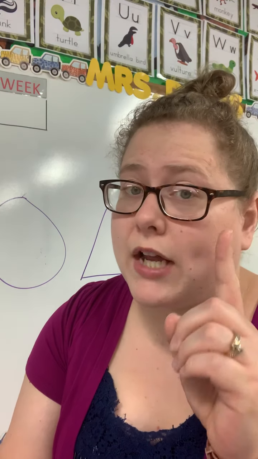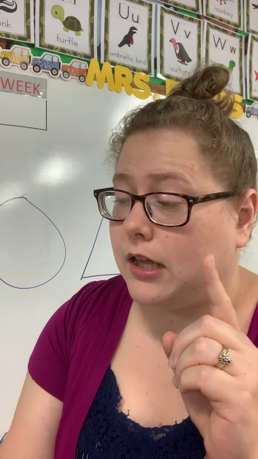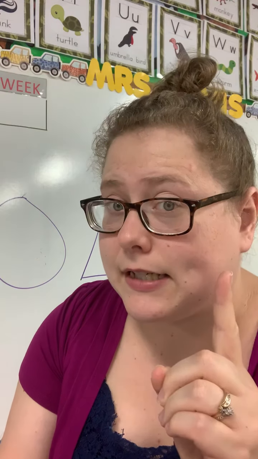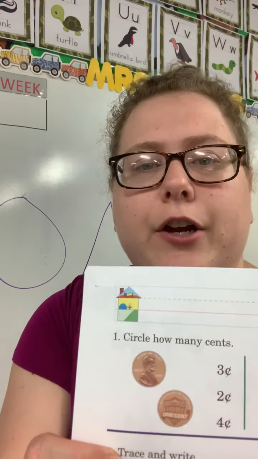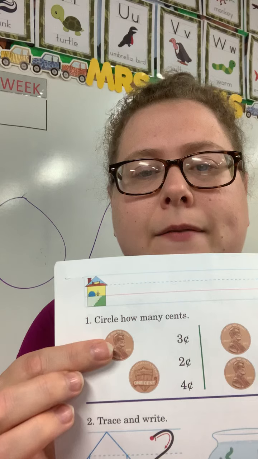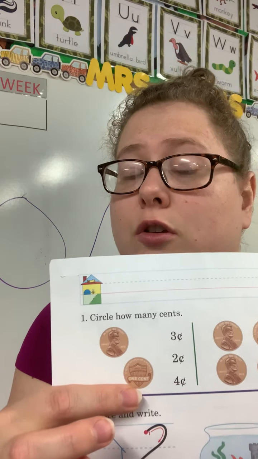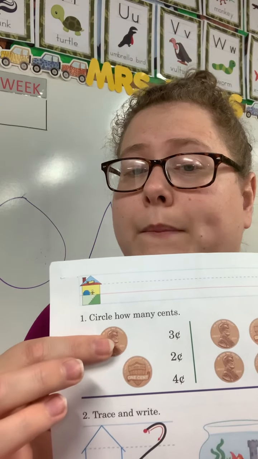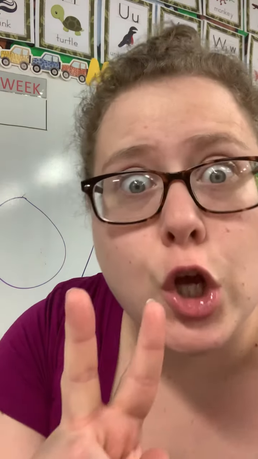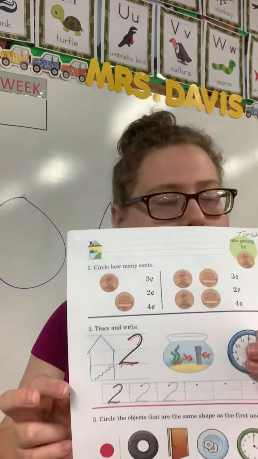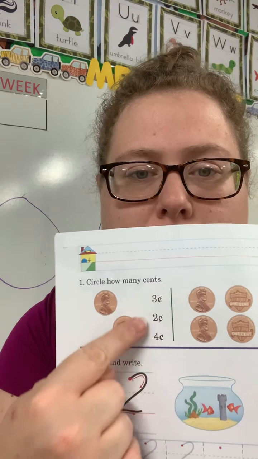So remember, 1 penny is 1 cent. So in this picture up here, we have 1 penny, who's 1 cent. We have another penny, who's another cent. So we have 1 penny and 2 penny. That's 2 cents. So can you circle the 2 cents for me?